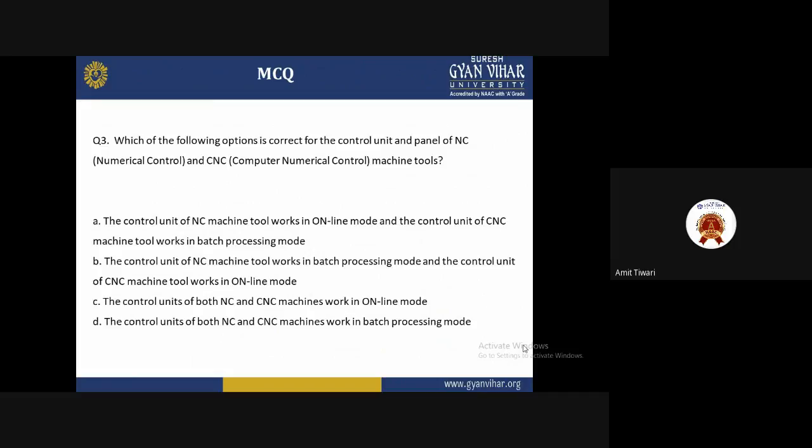B: the control unit of NC machine tools works in batch processing mode and the control unit of CNC machine tools works in online mode. C: the control unit of both NC and CNC machines works in online mode. D: the control unit of both numerical control and computer numerical control machines works in batch processing mode. So the correct answer is B.